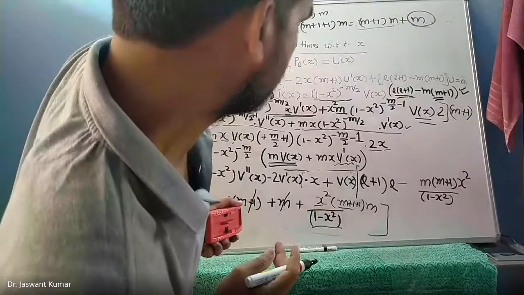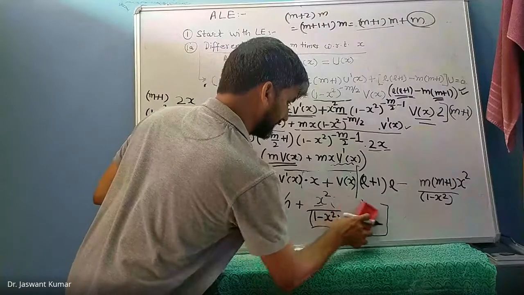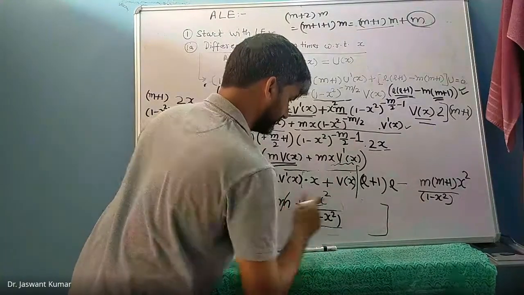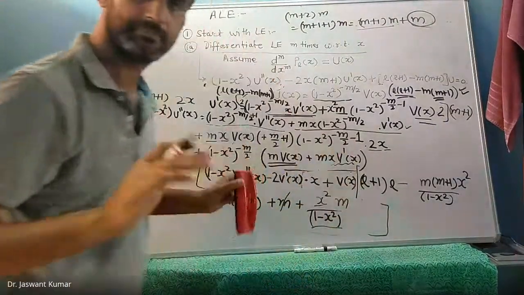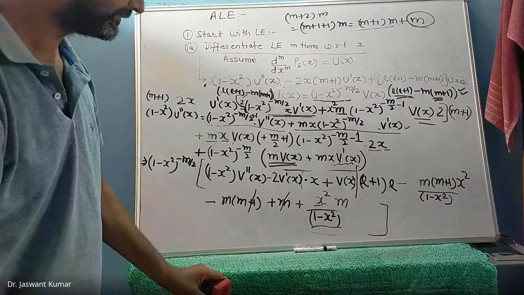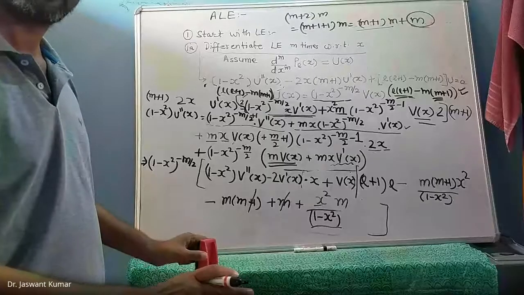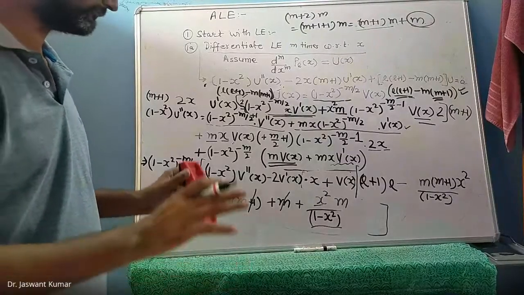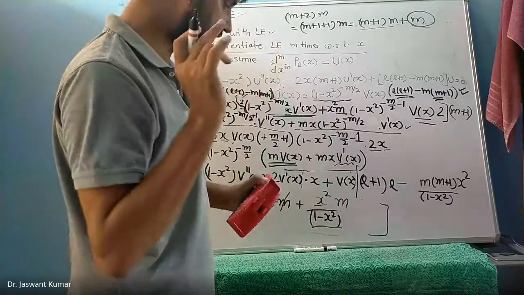So m upon 1 minus x square will be like in this. This guy is m. Tell me. Yes, sir. Very good. Okay, good.